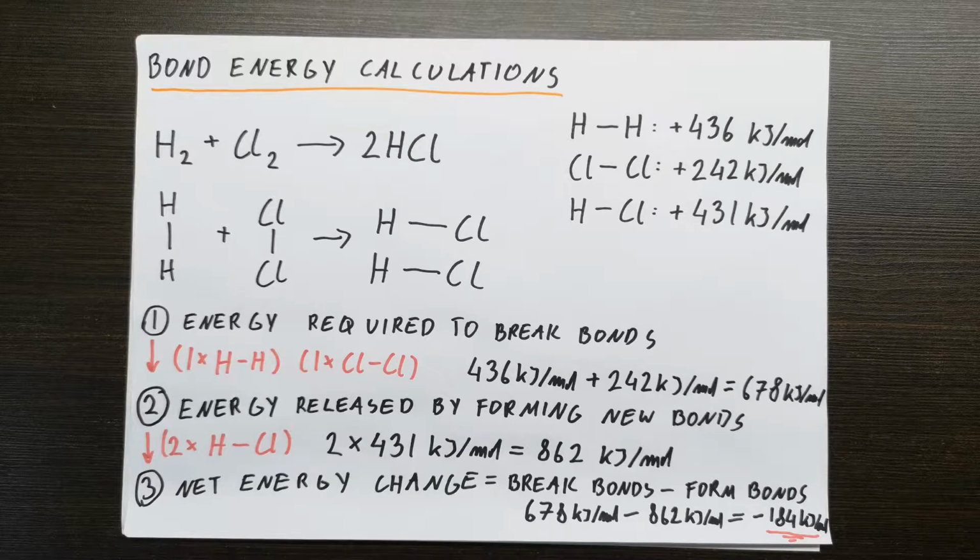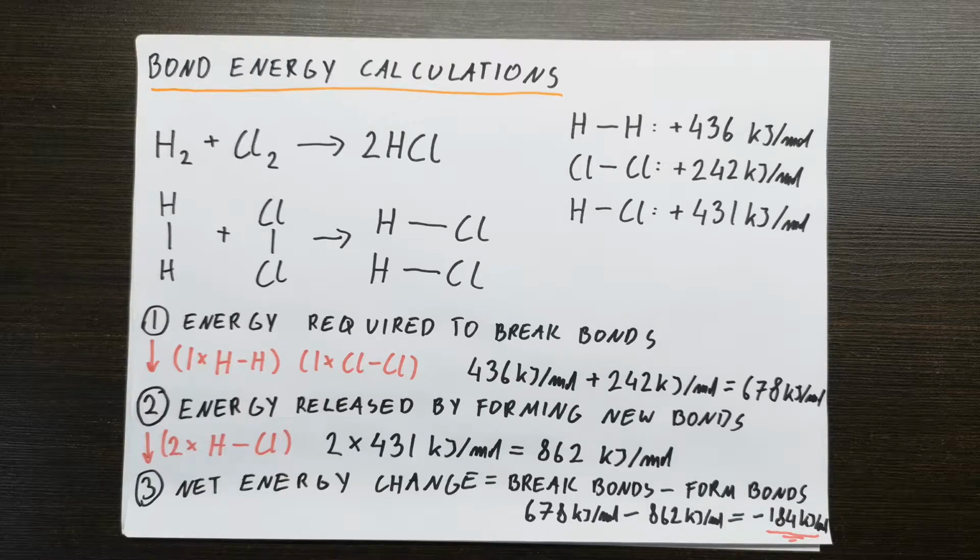And now we just plug those 2 values into the equation. Net energy change, I abbreviated it here slightly, but you can see if you skip back, I showed you the whole equation. Here we have net energy change, which is equal to energy required to break bonds minus energy released forming bonds.